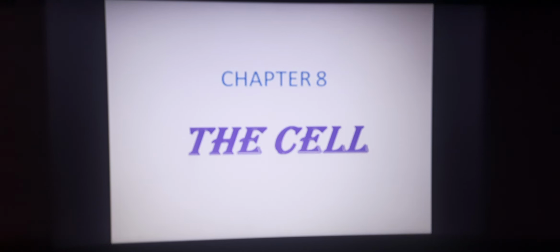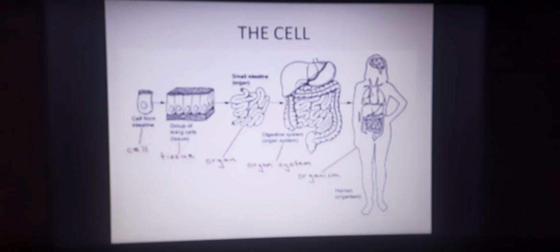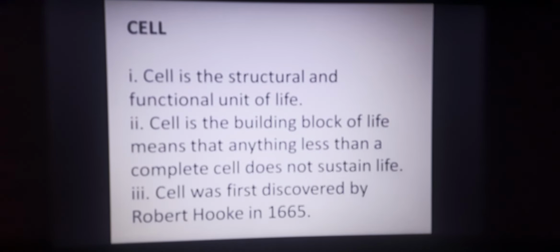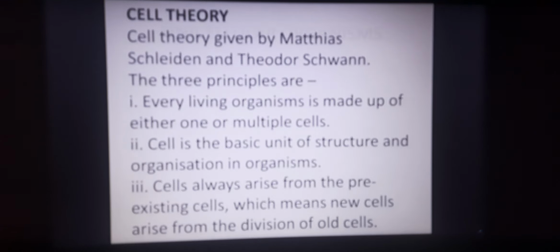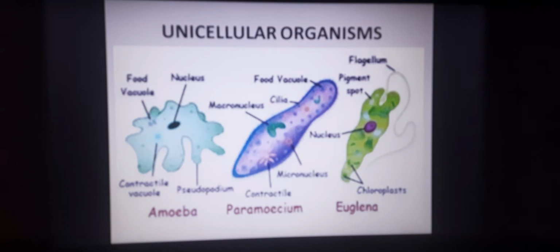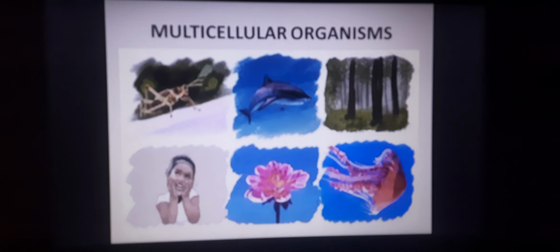The cell, and how from a single cell a tissue is formed, then from the tissue an organ, then organ system, organism. Next about the cell, then cell theory, then unicellular and multicellular organisms.